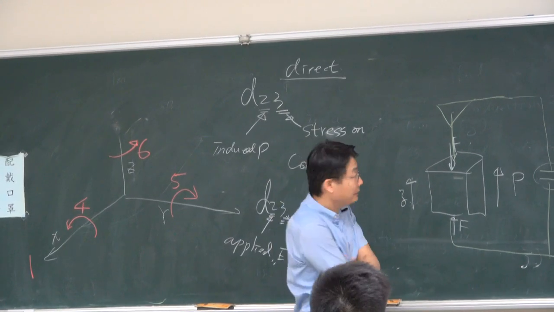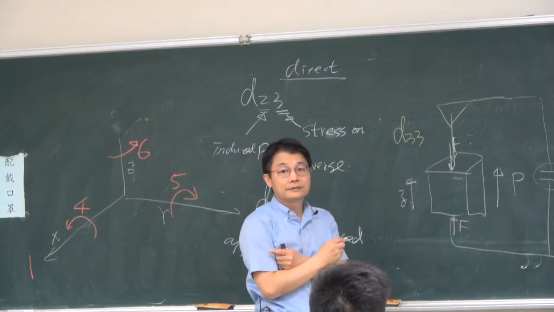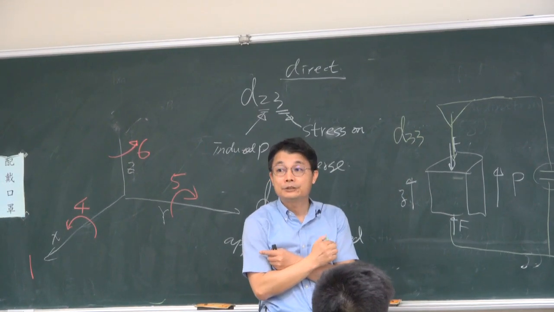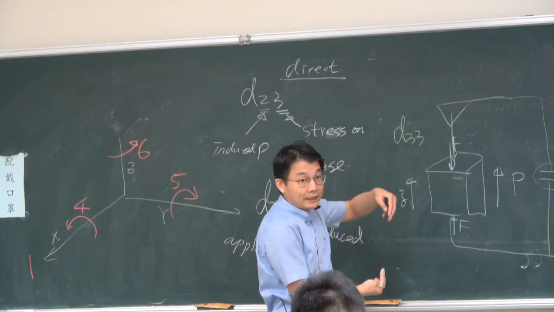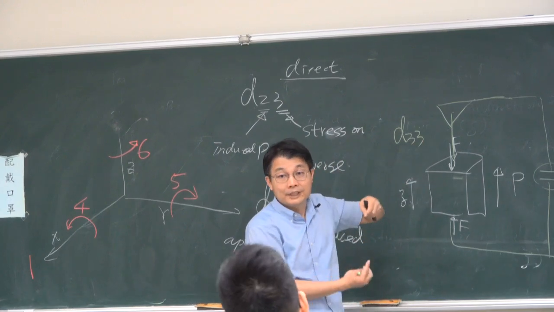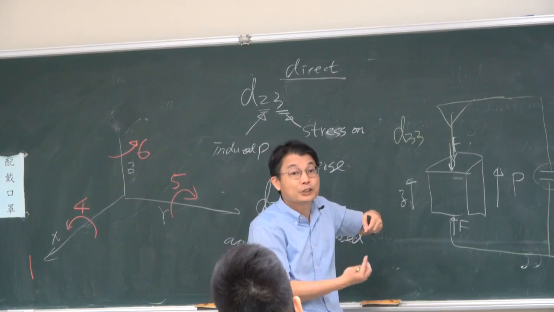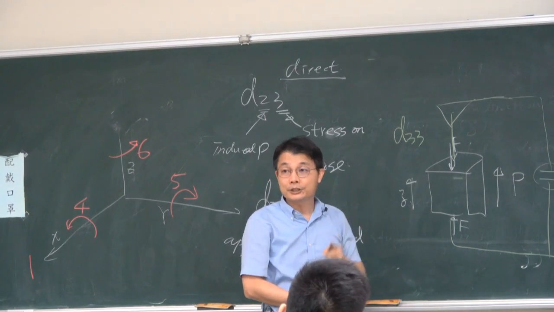So we have a D33 constant, which means applying a stress on the Z direction and getting the output of electrical field, all the electricity also in the Z direction.